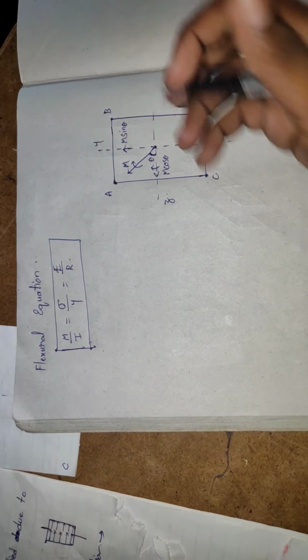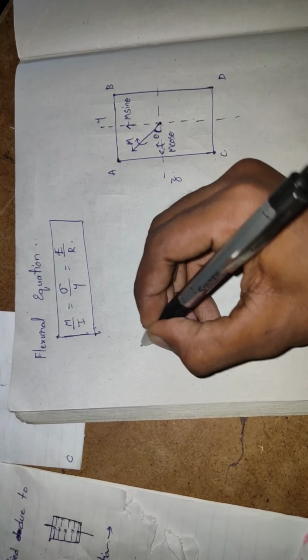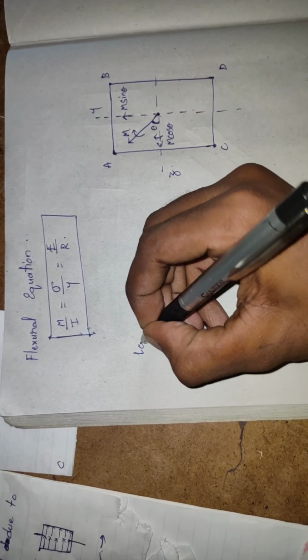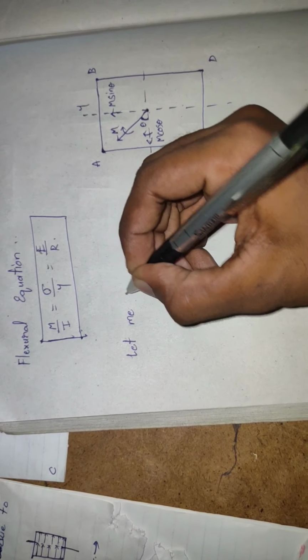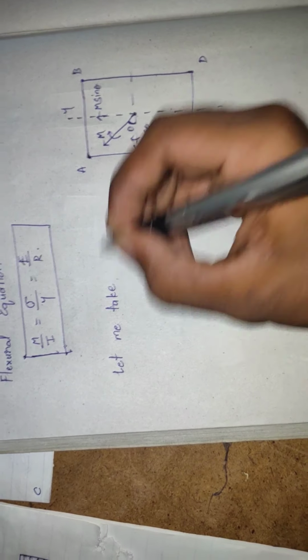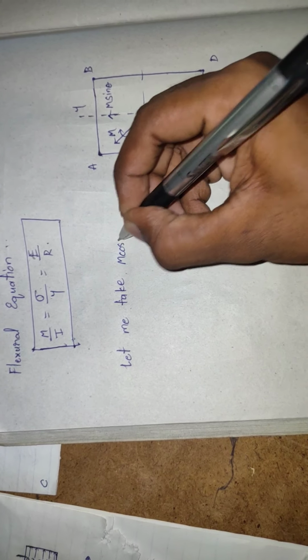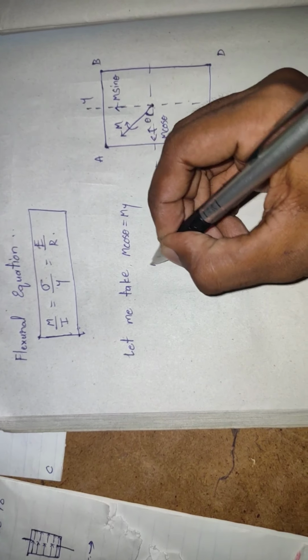Let me take M cos theta equal to My and M sin theta equal to Mz. If the axis is fixed, the moment created with this axis is My, M cos theta, and this axis is Mz.